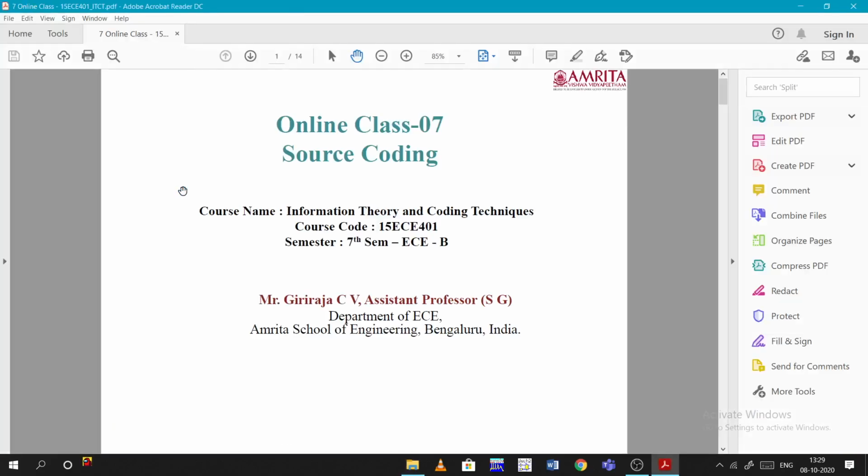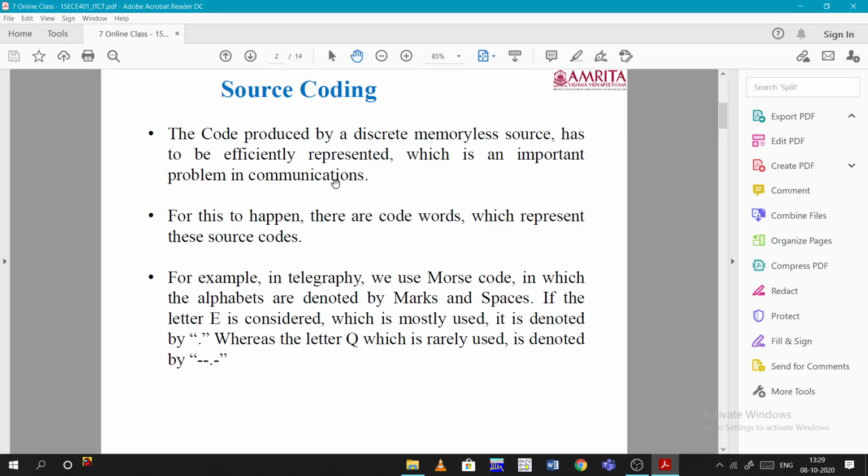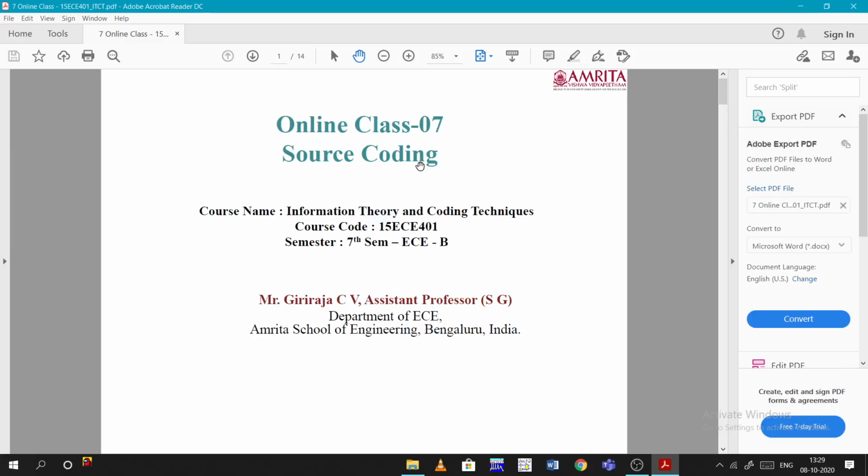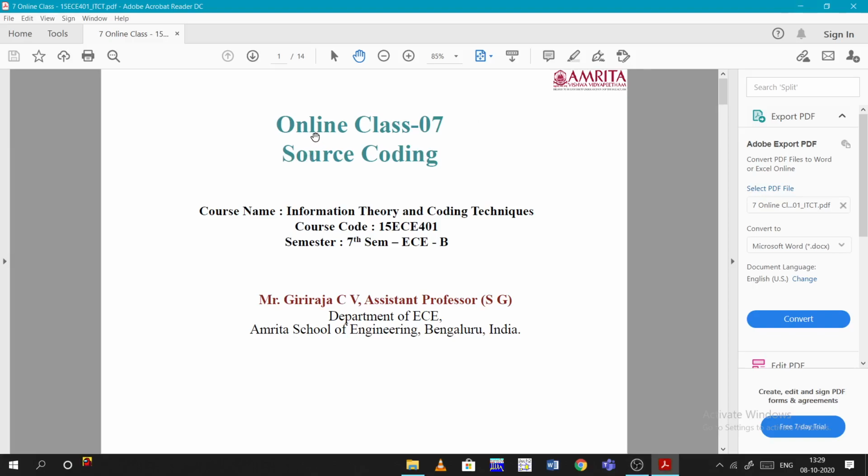Seventh one. Coming to this, the codes produced by the discrete memoryless source, that is source coding. I think I will teach this in the next session. It's only 20 minutes of the lecture, it's fine. I will start this topic, source coding, in the next session, or let me check one minute.